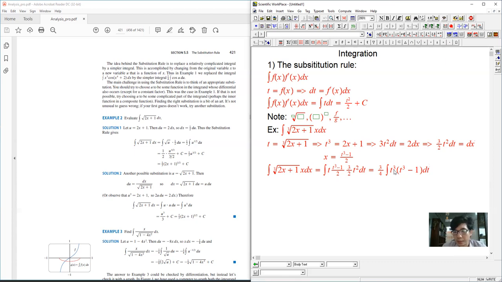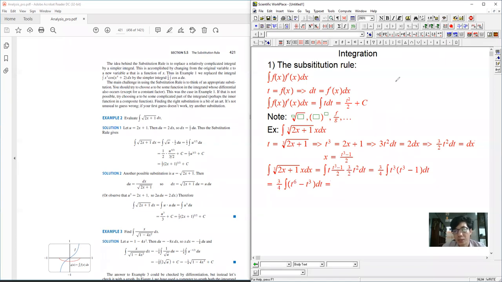We multiply this function before integration, giving the integration of t power 6 minus t cubed dt, and we will use this formula.